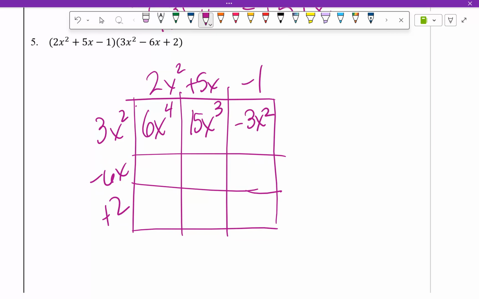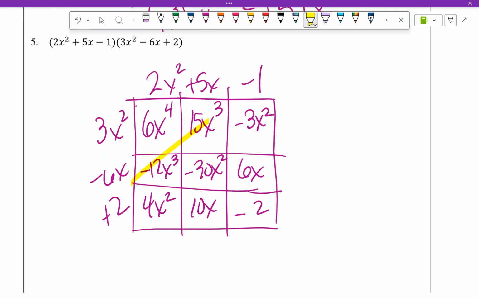It's -6x times 2x squared. Good. -6x times 5x. Good. -6x times -1. Good. 2 times 2x squared. Good. We're almost done, guys. 2 times 5x. Good. And 2 times -1.